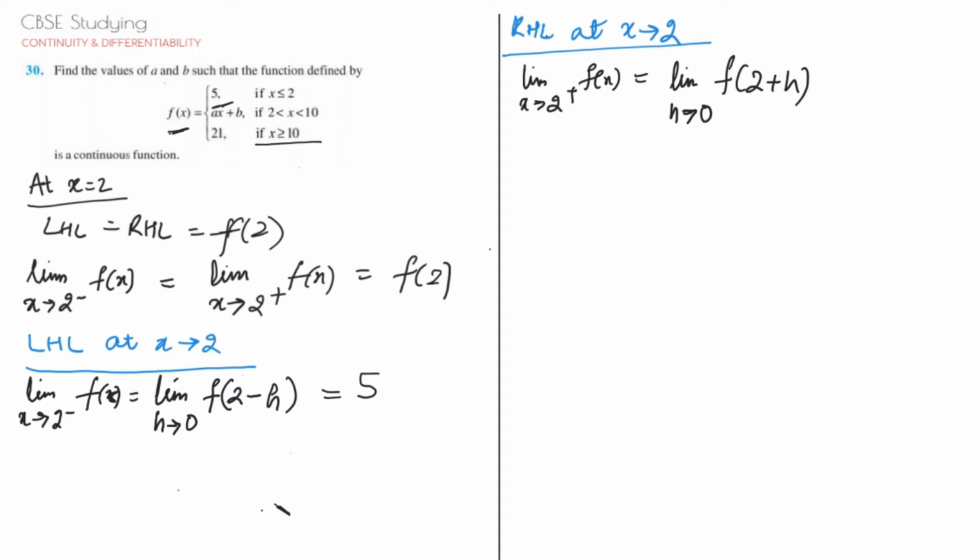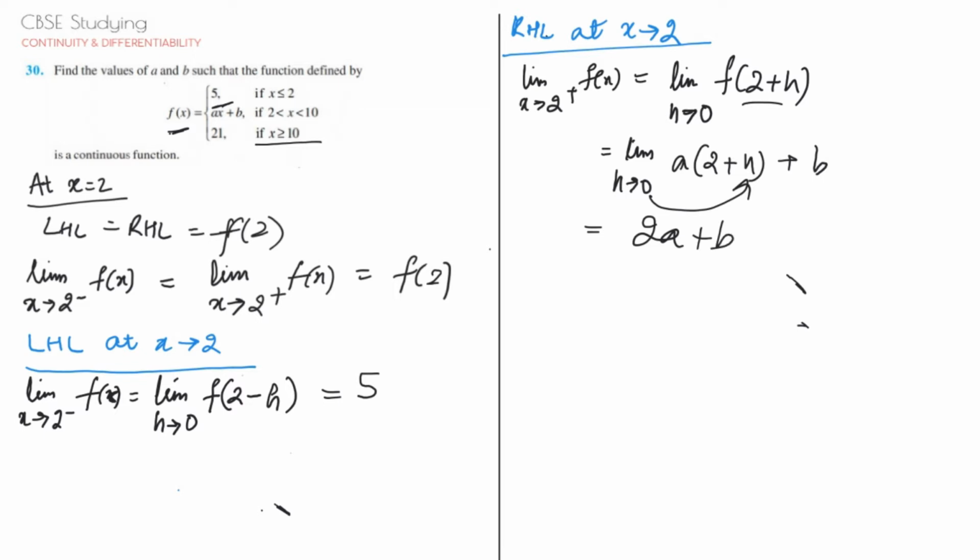That means wherever there is x, I need to substitute 2 plus h. Limit h tends to 0, a into 2 plus h plus b, right? Now I'm not going to open the bracket. I'm just going to directly substitute the value of h as 0. And what will I get?